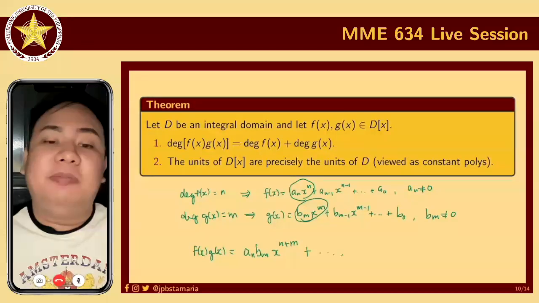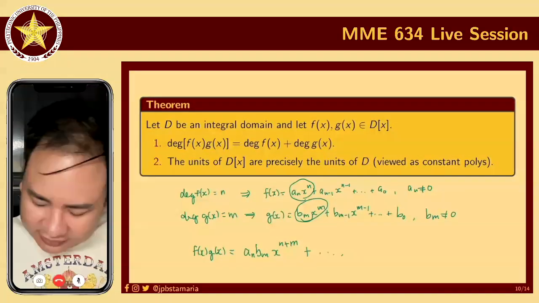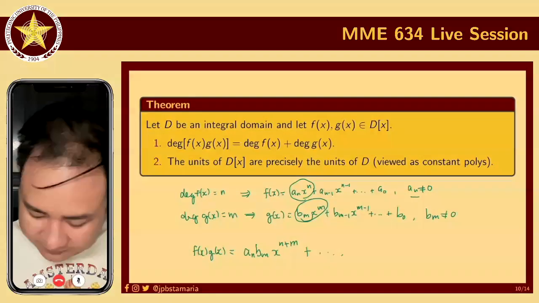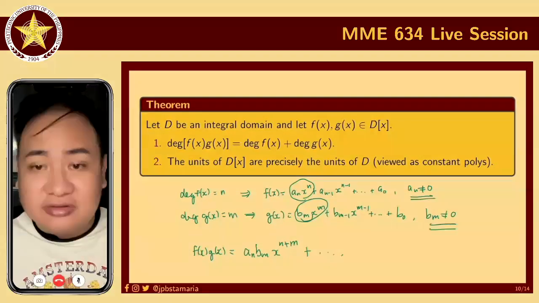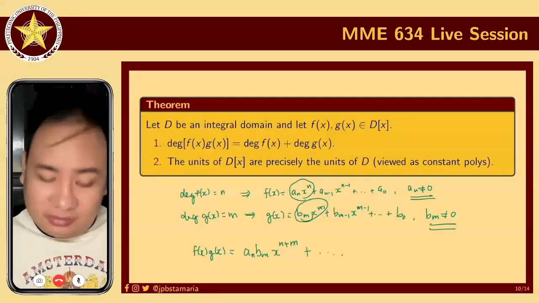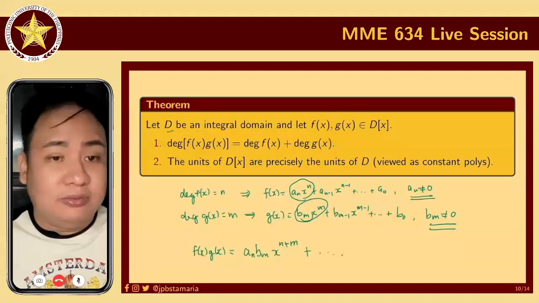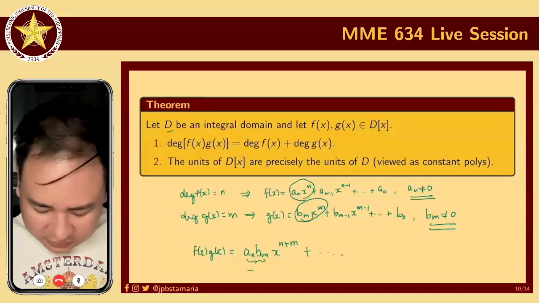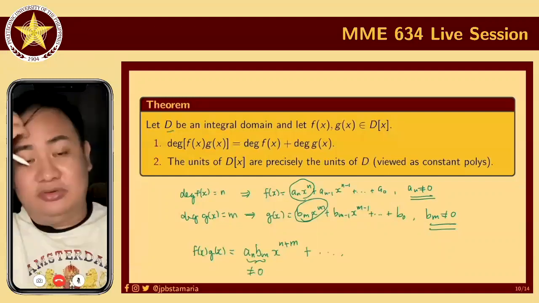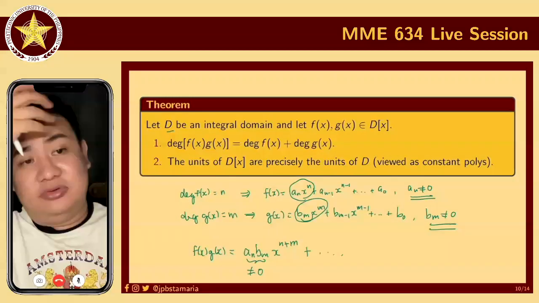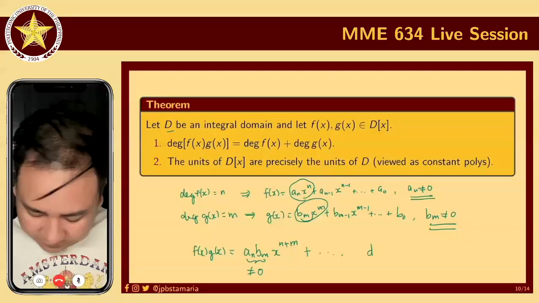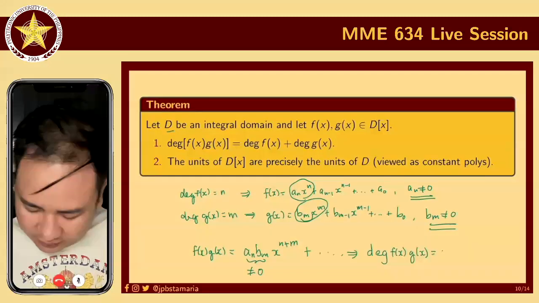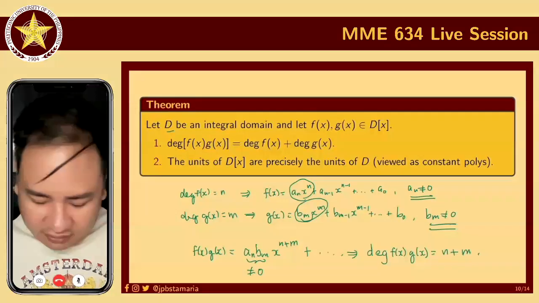Ito lang kailangan nyo: the fact that an is not 0 and bm is not 0 because we are working with an integral domain, this product remains to be not 0. So therefore, the degree of the product is equal to n plus m, which is the degree of f plus the degree of g.